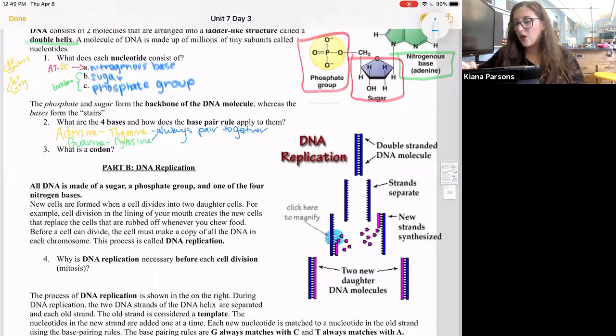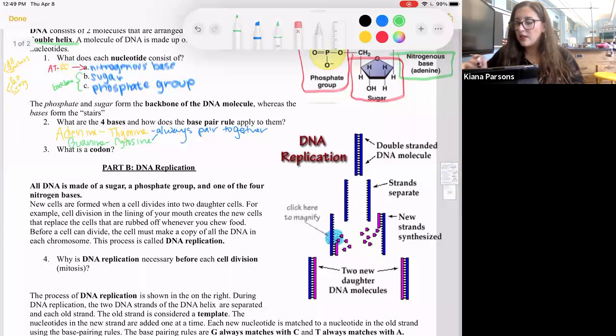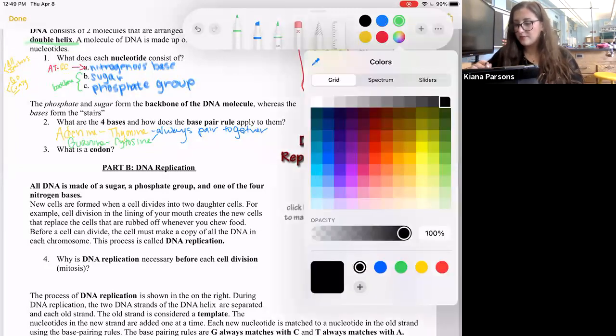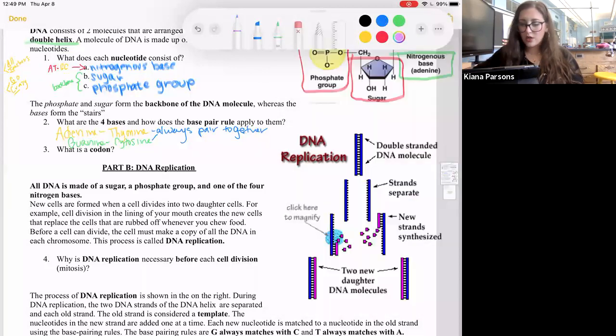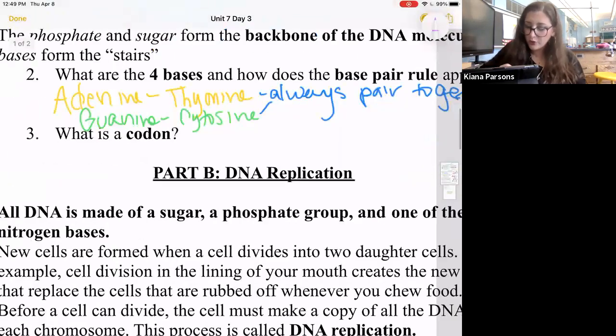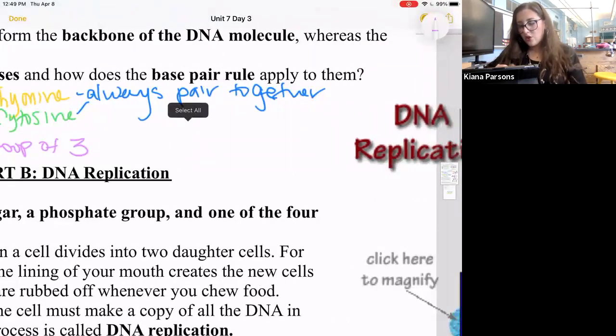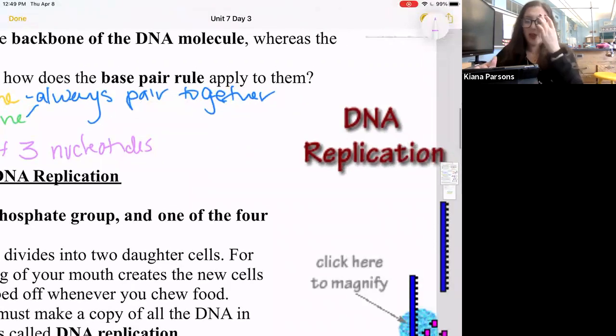Now, what is a codon? So a codon is a group of 3 nucleotides that code for a specific protein.